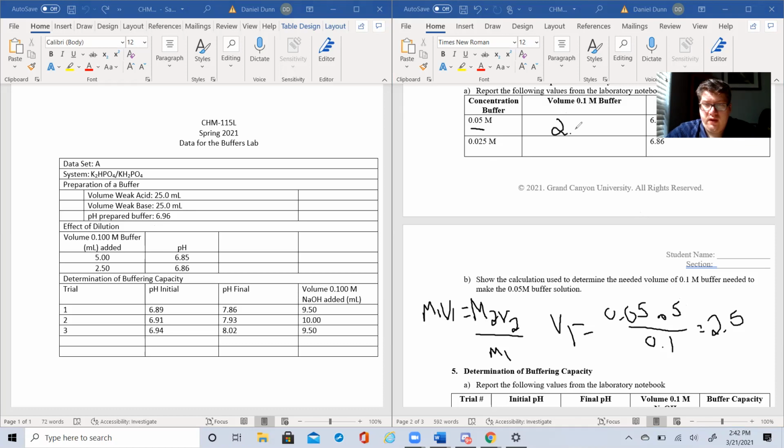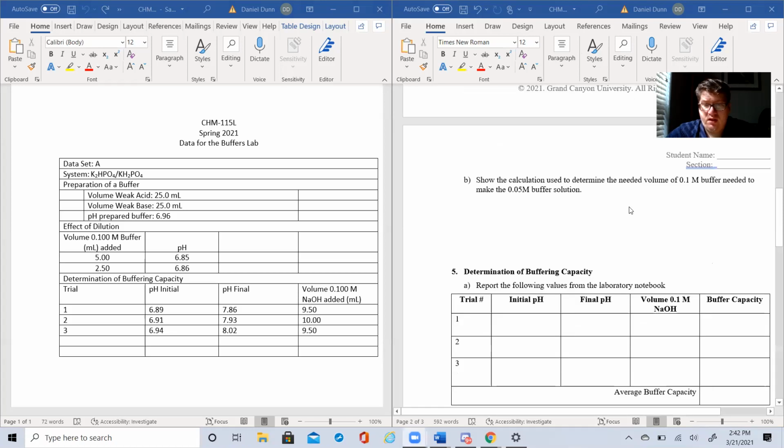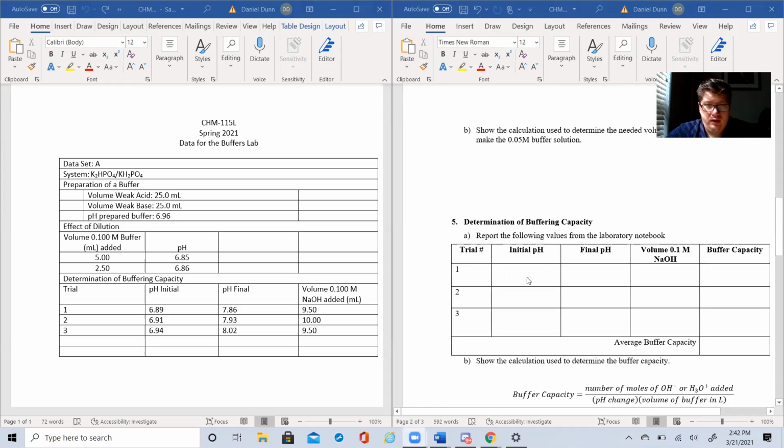So you put 2.5 here and do the exact same setup, except these numbers right here will change to represent this one. Okay. Boom, boom, boom.